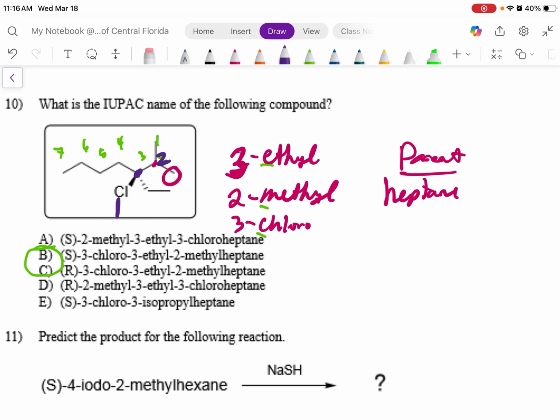Carbon 4 takes priority 3. And the ethyl group is going to take priority 4. We ignore the lowest priority and just trace 1, 2, 3. We are going in the counterclockwise direction. The lowest priority, the ethyl group, is a dash, so we leave everything alone. And so counterclockwise makes it an S. And so that means answer choice B would be the correct answer.